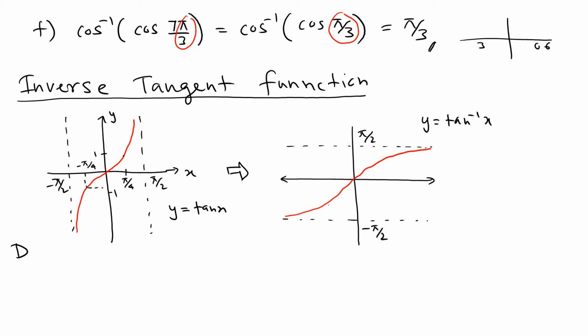So we can write the definition as before. We can say y equal tan inverse x if x equal tan y. And we know that one period of tan goes from negative pi over 2 to pi over 2. So when the angle moves from negative pi over 2 to pi over 2, you can see tan ranges from negative infinity to positive infinity.